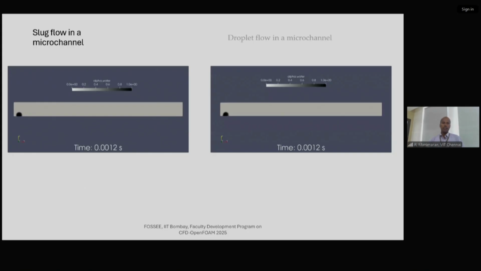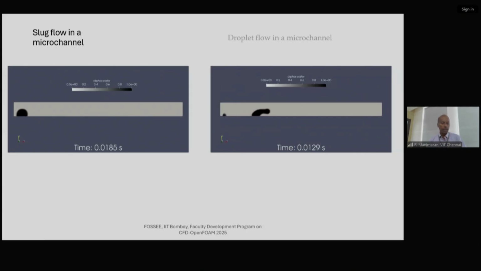So next, these are the typical applications which I explored using OpenFOAM, like exploring the slug flow in a microchannel and also droplet flow. So you can compare the difference between them on the screen here. How does the slug flow happen, and the droplet flow? Only a slight deviation.